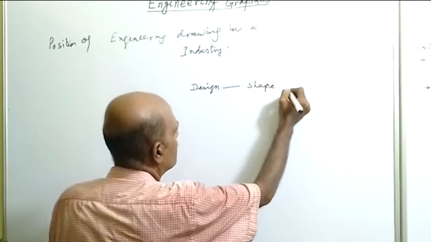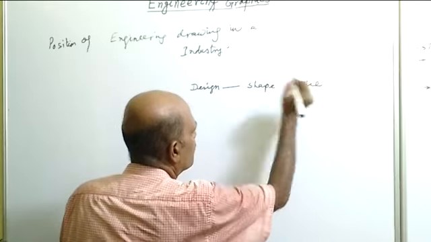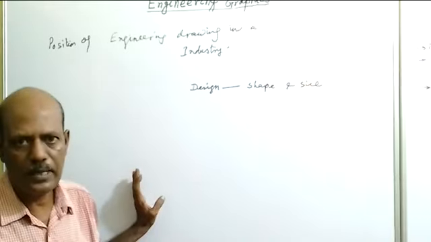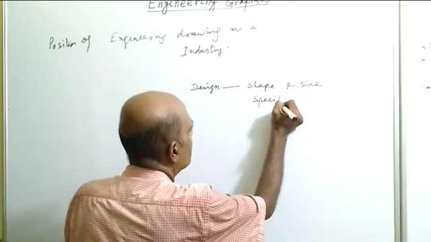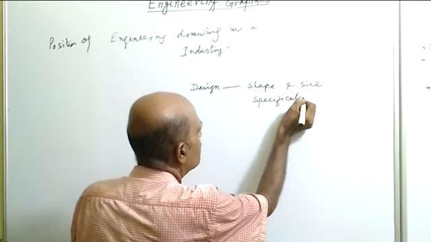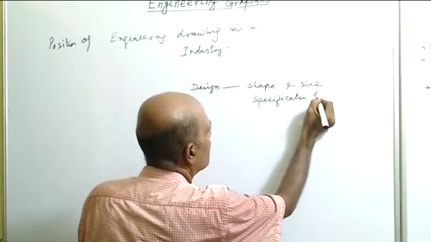The shape and size of the product is first described, or it is called the specification of the product.